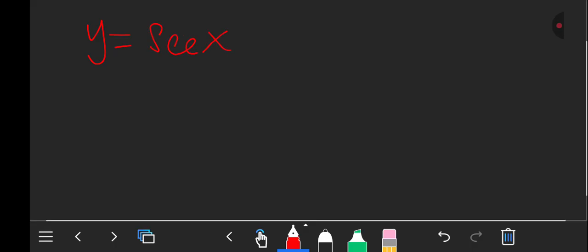Sec x can also be written as 1 over cos x. Then we are going to let 1 be u, cos x be v. Then you can use the formula now.